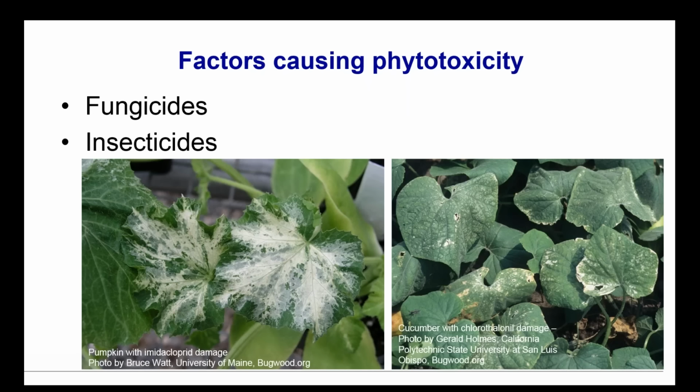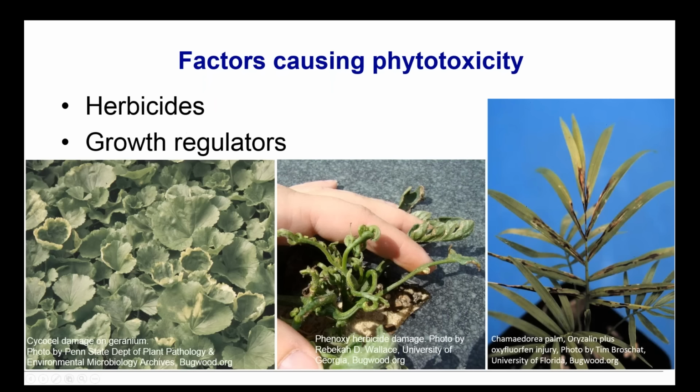Okay, so these are some of the typical ones that will pop up on your screen in a moment. So it's caused by fungicides and insecticides. You'll often get these interveinal sort of spots or vein clearing, or sometimes it just removes the chlorophyll from the cells, causing a whitening.